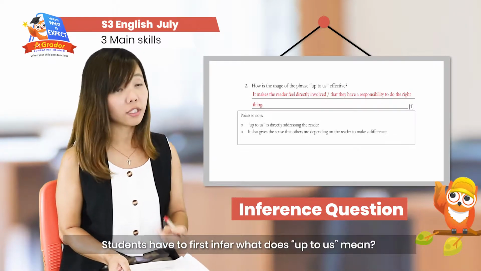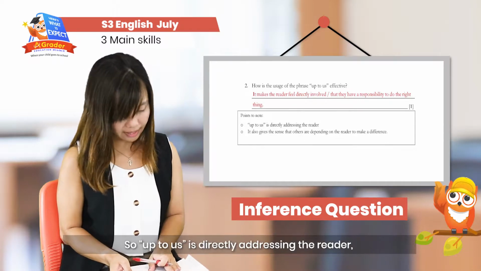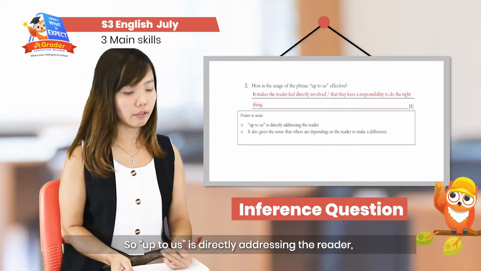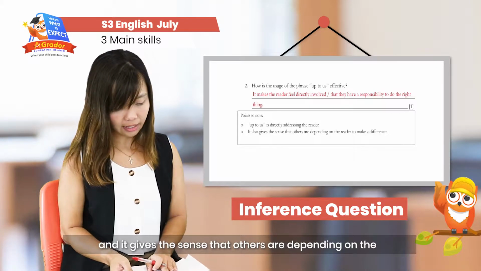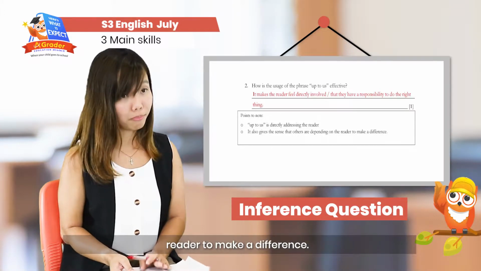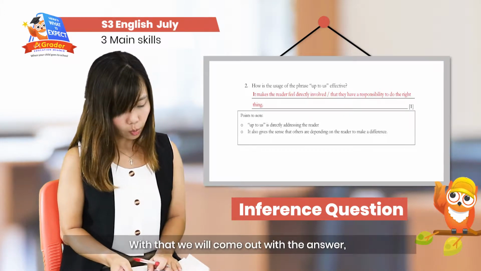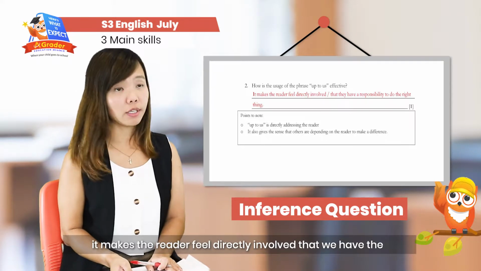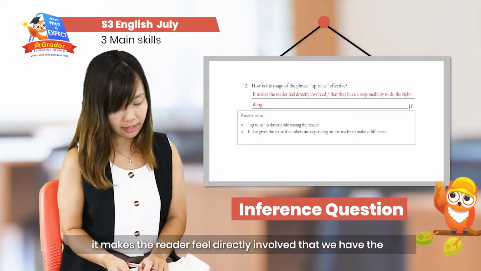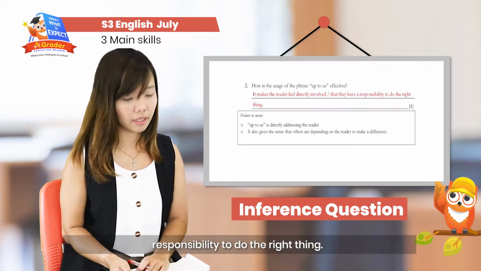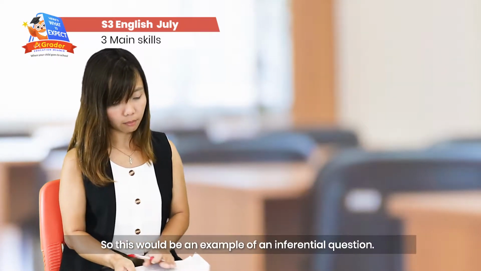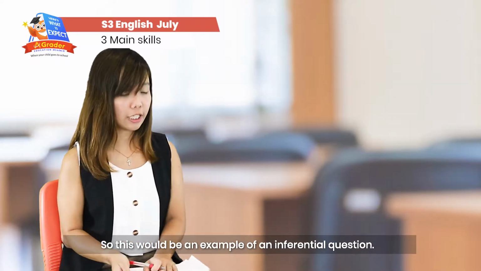So students have to first infer what "up to us" means. "Up to us" is directly addressing the reader, and it gives the sense that others are depending on the reader to make a difference. So with that, we will come up with the answer. It makes the reader feel directly involved, that they have a responsibility to do the right thing. So this would be an example of an inferential question.